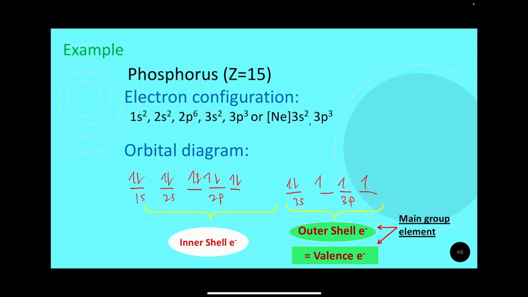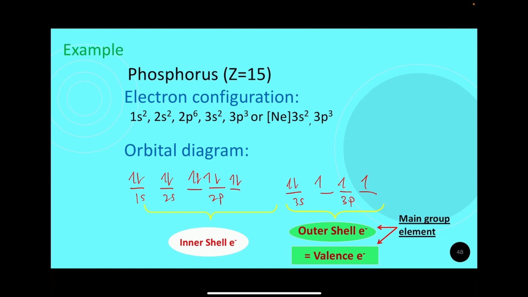Alright, so based on the orbital diagram, we can detect the inner shell electron, the outer shell electron. So based on the orbital diagram, 1s, 2s, 2p is the inner shell electron. Okay, inner shell of the phosphorus, and then for 3s and 3p orbitals is the outer shell. So from here we can determine the number of electrons for inner shell electron and outer shell electron.